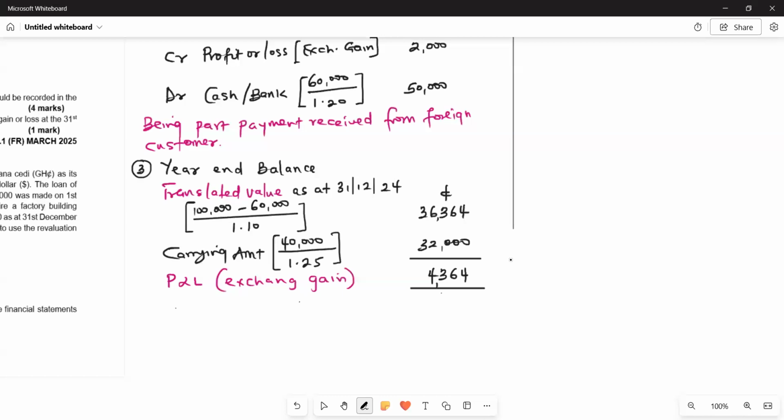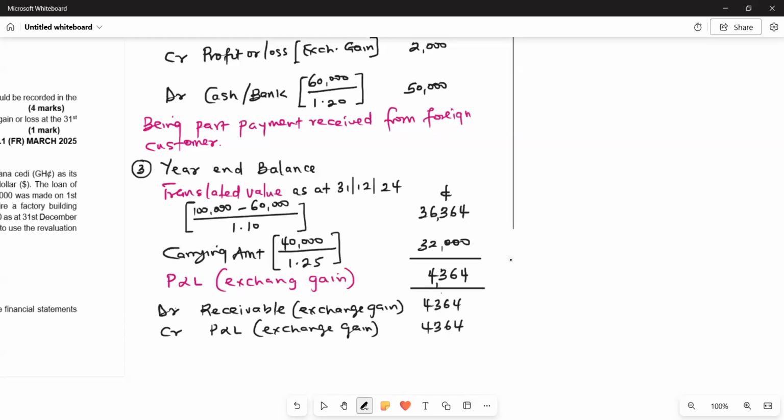In that case, which account are we supposed to debit? We are debiting the receivables with the exchange gain of 4,364. Then we are crediting the P&L with the exchange gain of 4,364. The receivables is already at 32,000.